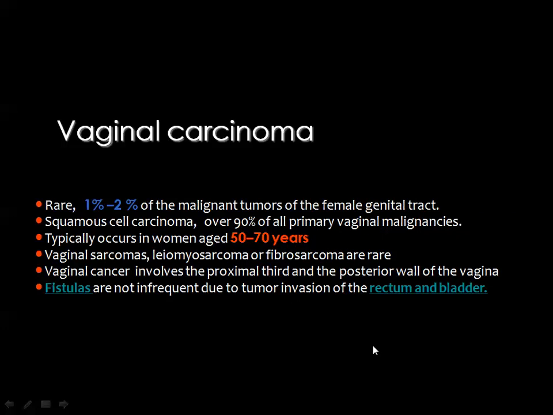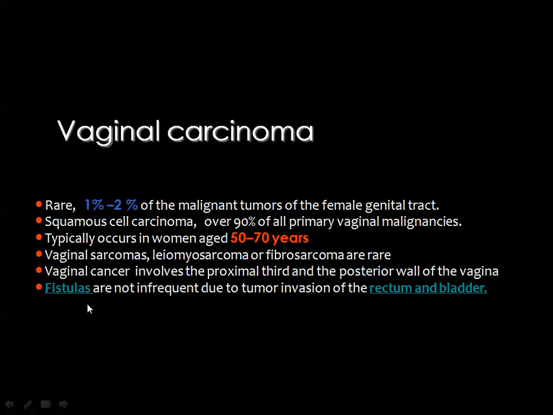Finally, vaginal carcinoma is rare and it represents about 1 to 2% of the malignant tumors of the female genital tract, and the age of incidence is about 50 to 70 years. Most of these tumors are of the squamous cell type. Other malignancies can occur in the vagina, like the sarcomas, as leiomyosarcoma and fibrosarcoma.